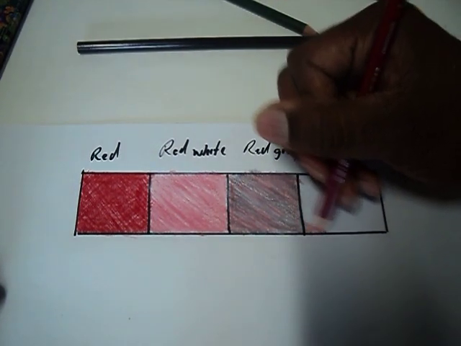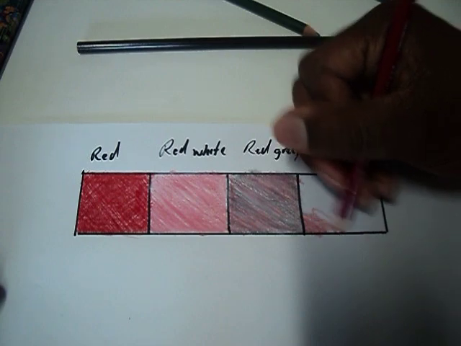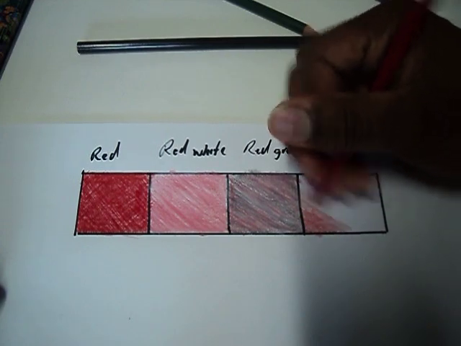So I'm going to start off with red again, and this time I can even push down on the red a little bit more so I can just have a nice little red.